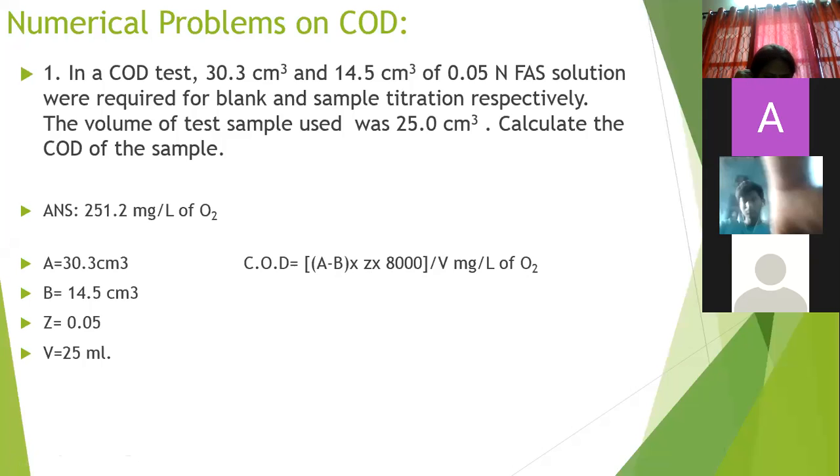Have you understood? You can message. See, written COD is equal to (A minus B) into Z into 8000 by V mg per liter of oxygen.